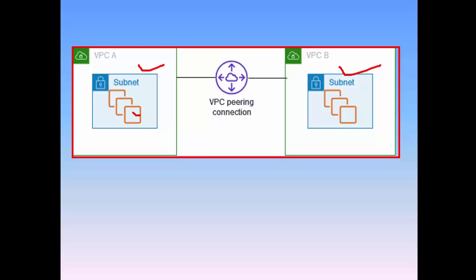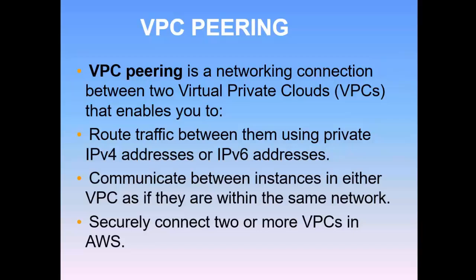One EC2 here and one EC2 here look like they are in the same subnet. Got the point? The main benefit of peering is communication between different VPCs using private IP addresses.